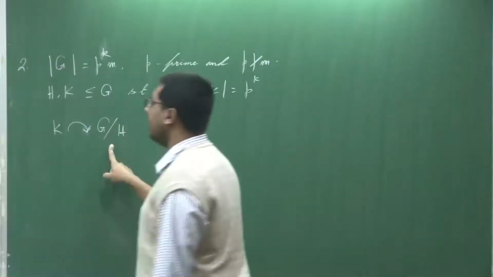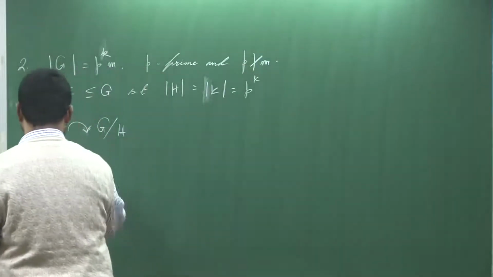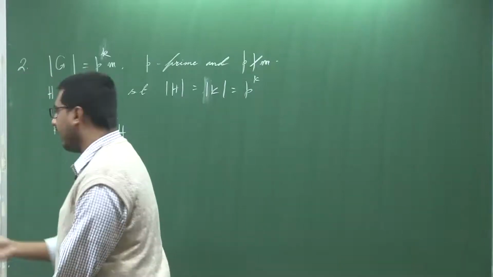It is easy to see that this action indeed has a fixed point. Why? Because we just write down the class equation.